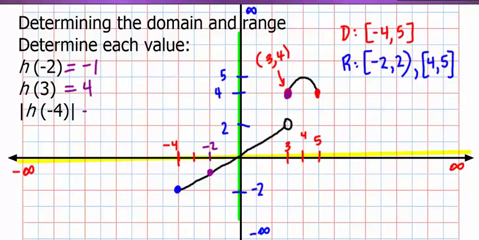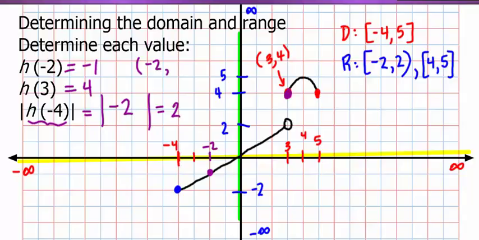And then the absolute value of h of negative 4, I'm going to keep the absolute value there, and I'm going to first figure out h of negative 4. I put a negative 4 in, and I get a negative 2 out. So I have the absolute value of negative 2, which is positive 2.